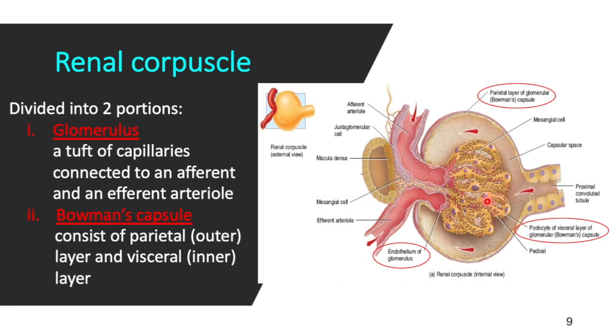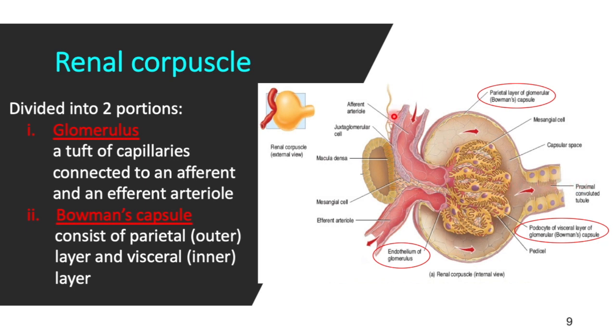So filtrates from the glomerulus will enter capsular space. This is the capsular space where filtrates from glomerulus will enter. From this capsular space, the filtrates will enter renal tubule, starting with proximal convoluted tubule.